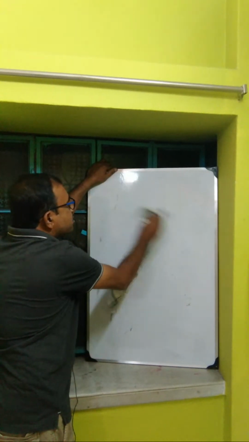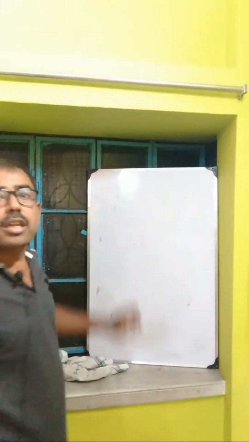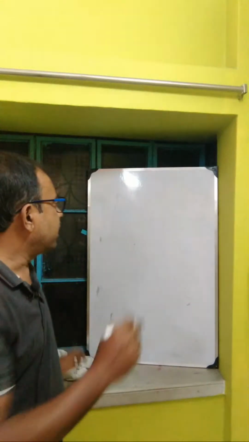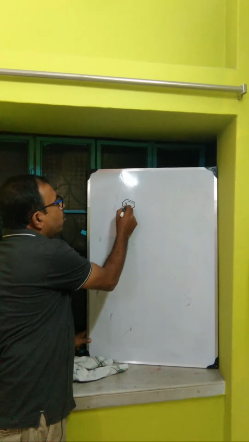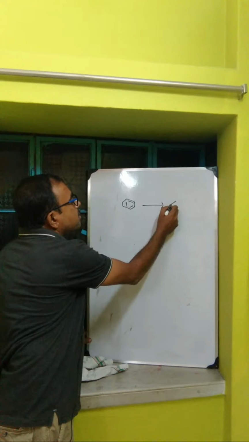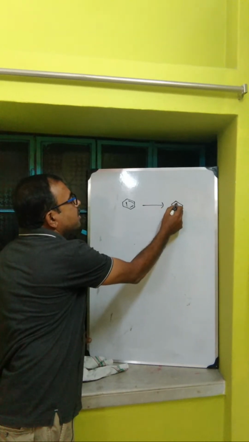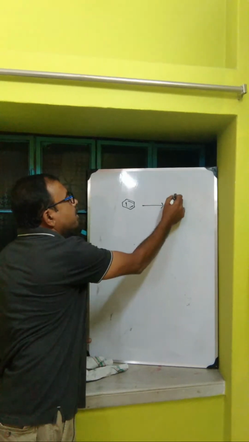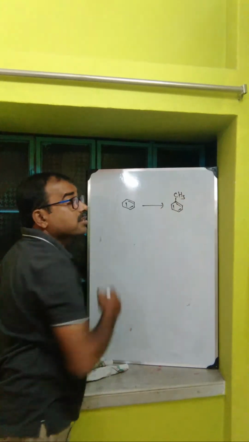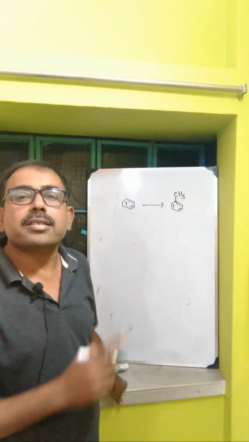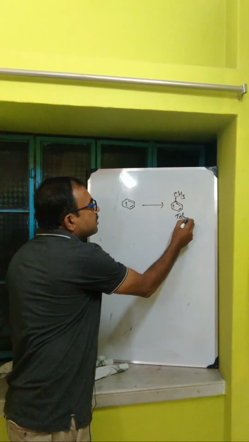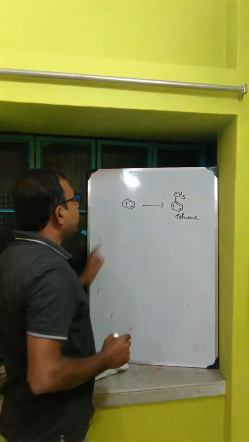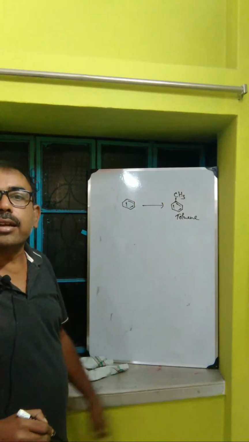If you want to enter a methyl group into the benzene ring, that is, from benzene, if you want to form this compound where the benzene is carrying a methyl group, what is the name of this compound? This is toluene.